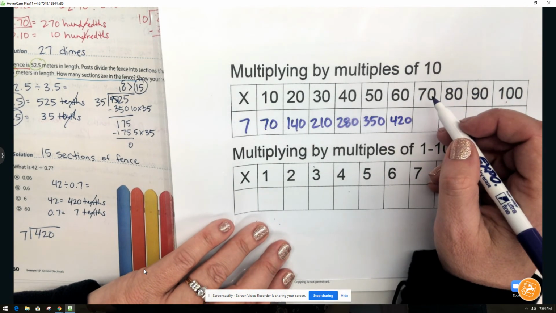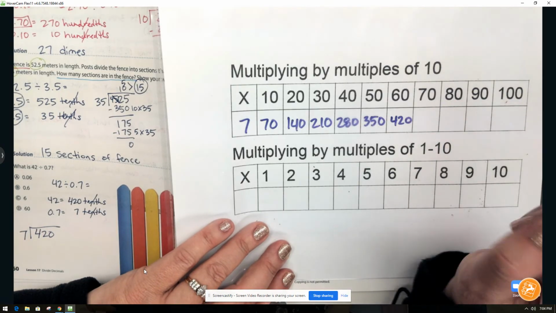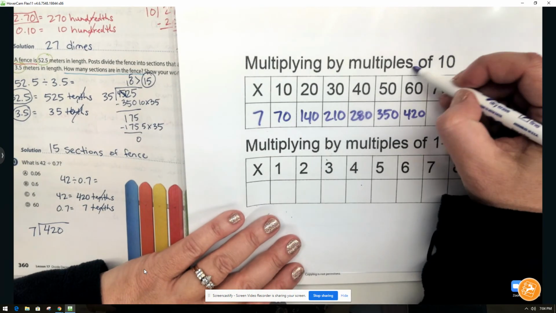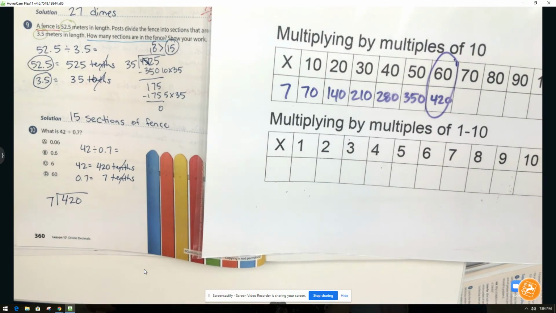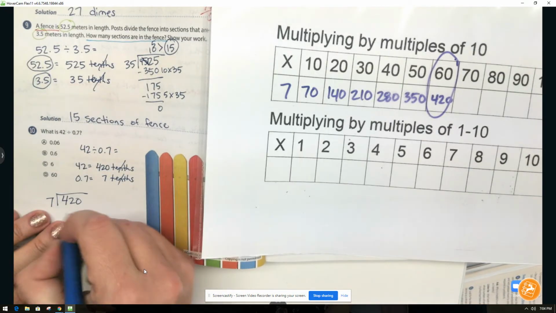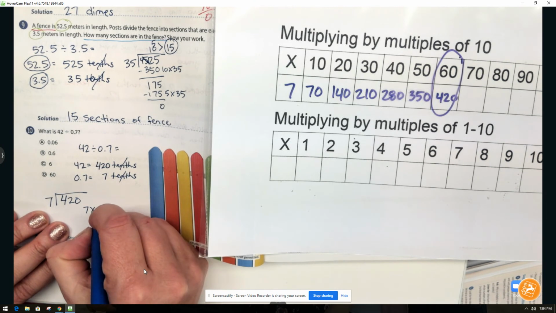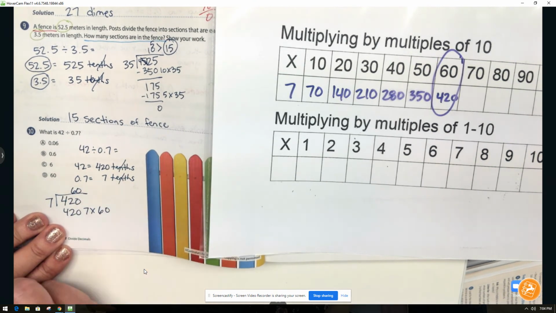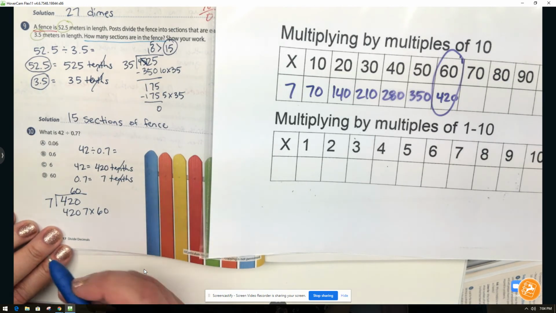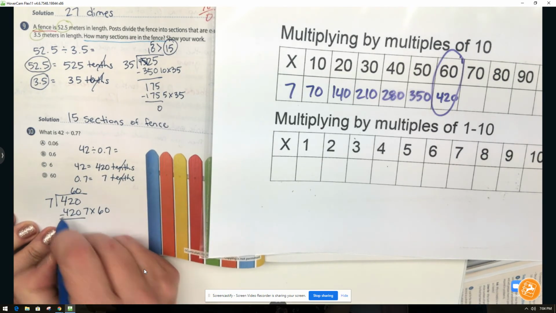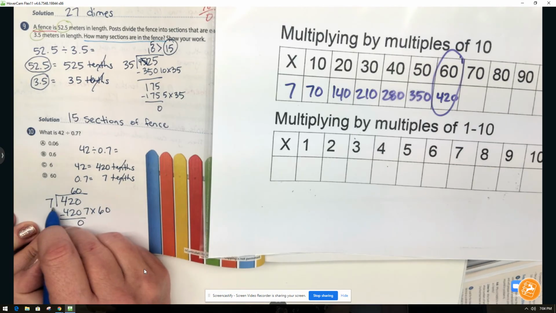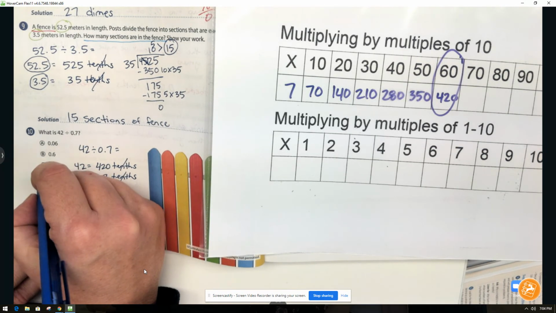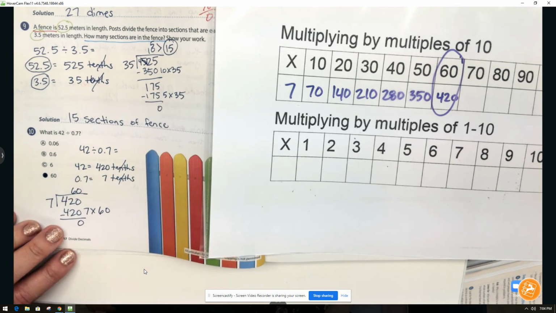We need to stop because we're only going into 420. So 7 times 60 equals 420. In this case there's not really a partial quotient, because 420 minus 420 is 0. So 420 divided by 7 is, in fact, 60.